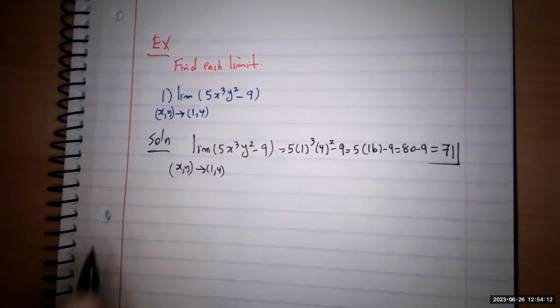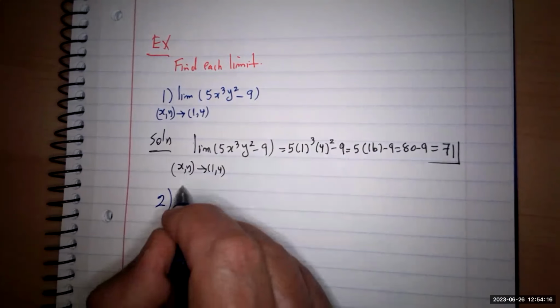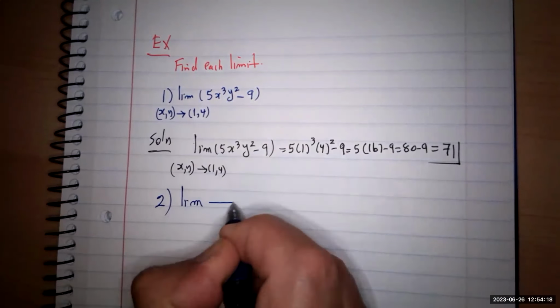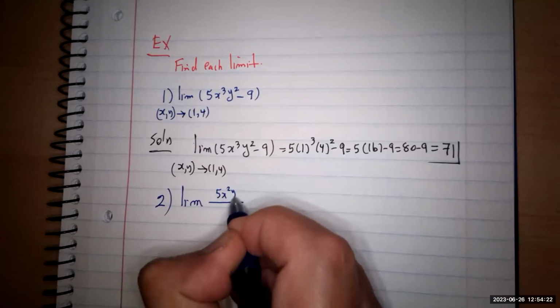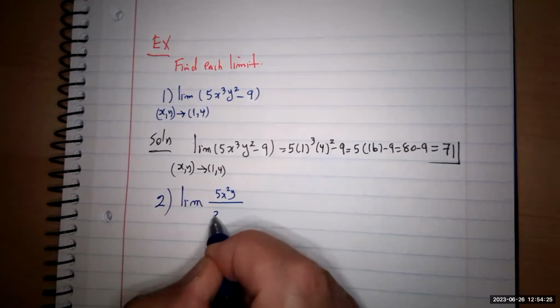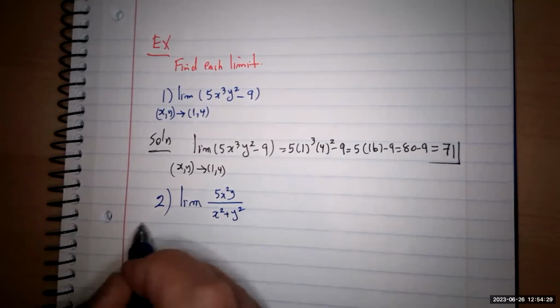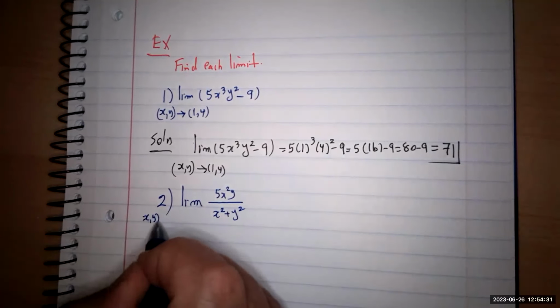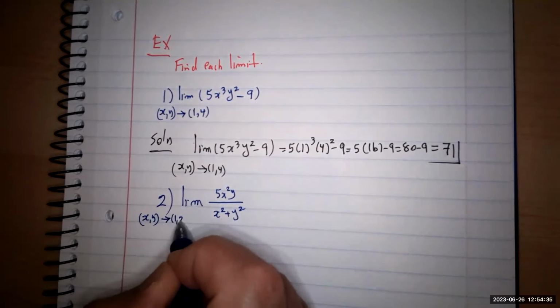Question? Because you extend everything, there is no need for anything complicated. Now for the second one, how about a quotient function? The limit of 5x squared y over x squared plus y squared, as x comma y goes to 1 and 2.